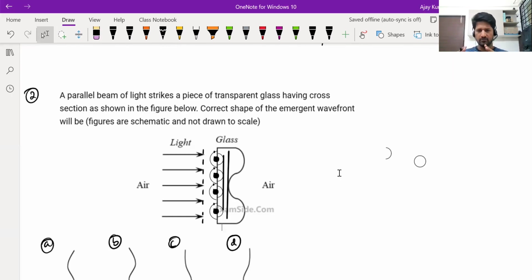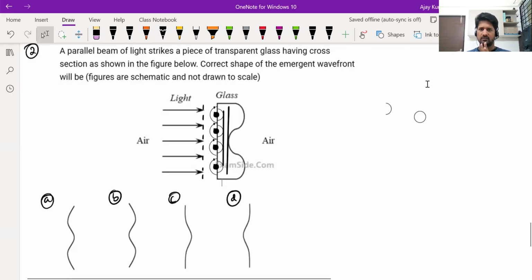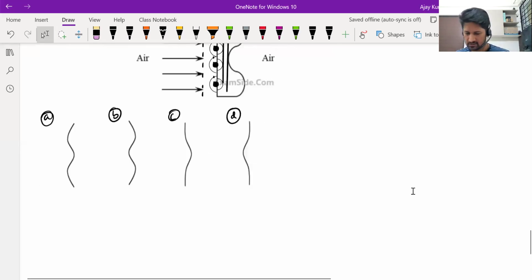Now whenever you see questions like this, suppose in a final exam you see a question like this, what you have to do is break it down into smaller parts. Visualize what happens if there is only one semicircle. Then you can answer what happens when there are three semicircles. So let's consider that now.